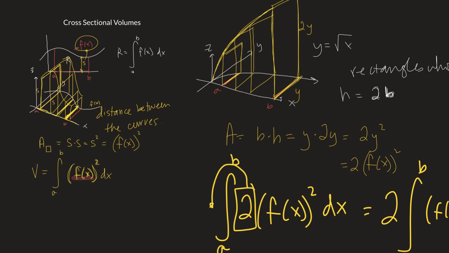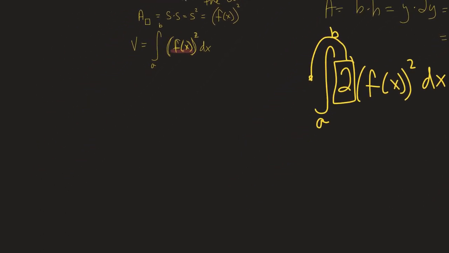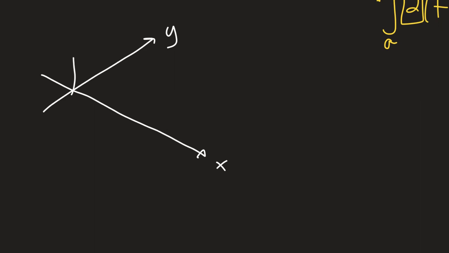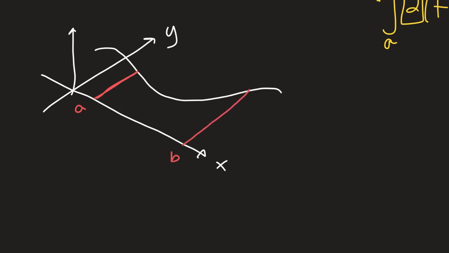Okay, so let's think about a semicircle. Let's think about semicircles. Okay, so here's your y-axis, here's your x-axis, here's your z-axis. Okay, so maybe this is our graph again, something random, and we're going to draw semicircles. So here's A and here's your B. There's your interval. So we're going to draw a bunch of semicircles in here.